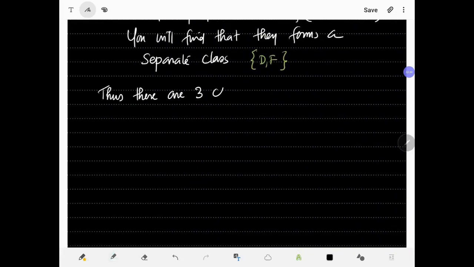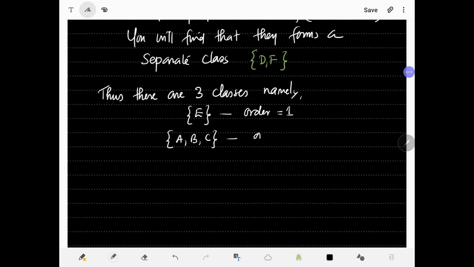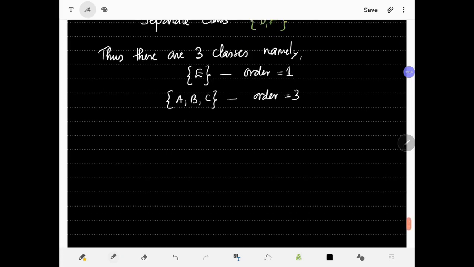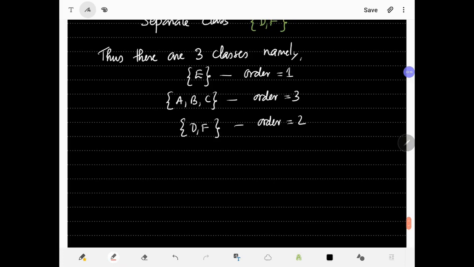So we have three classes in this group, namely the identity element forms a class of itself. The order of the class is 1, that is, there is only one element. Then we have a class of order 3 with elements A, B, and C. And the third class contains two elements, D and F.